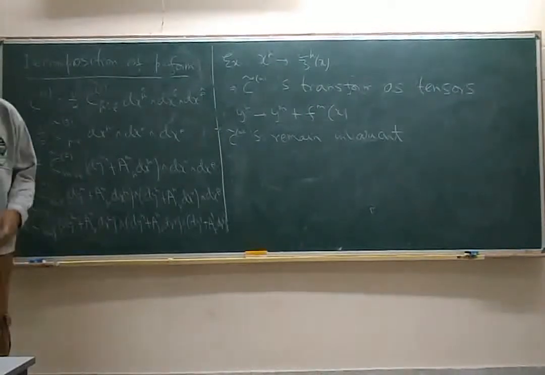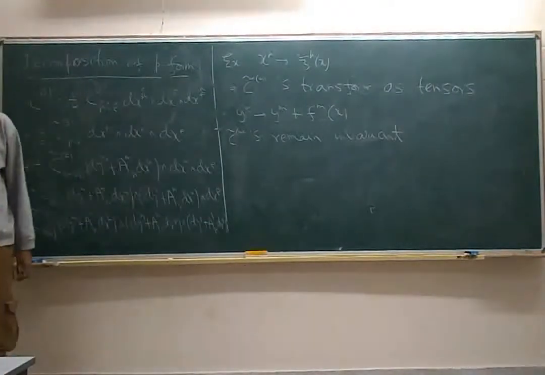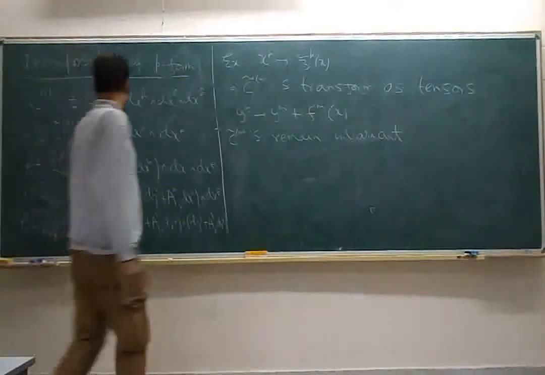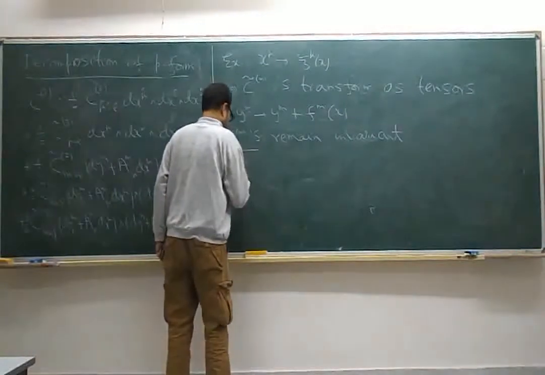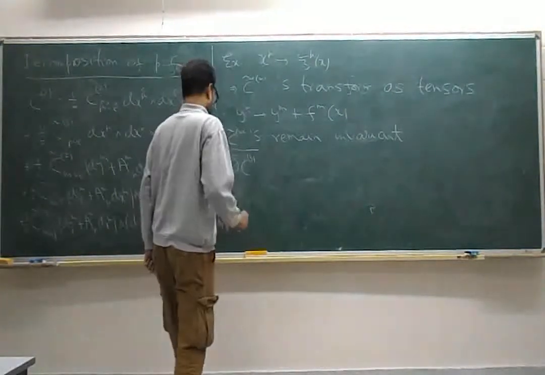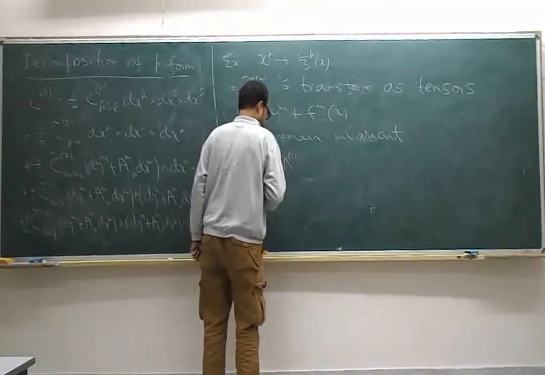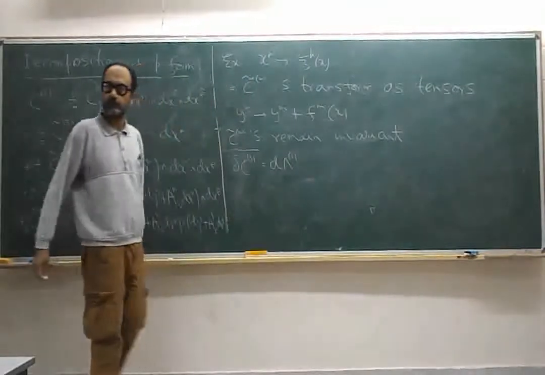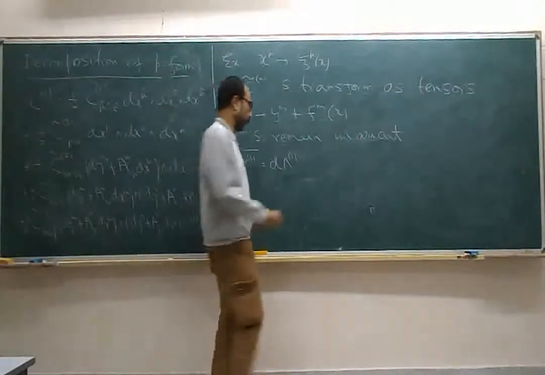What is non-trivial, however, is the transformation under the gauge transformation of the form fields. So let's recall how the form fields transform. There is a gauge transformation which is delta C3 equal to d lambda 2, where lambda 2 is a 2-form.